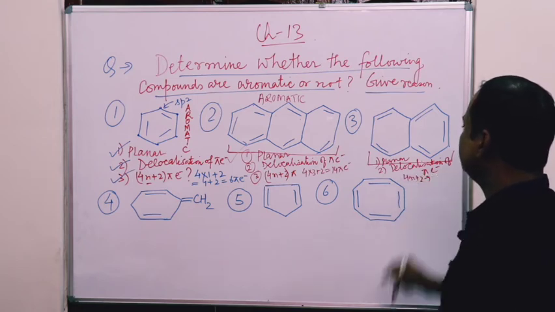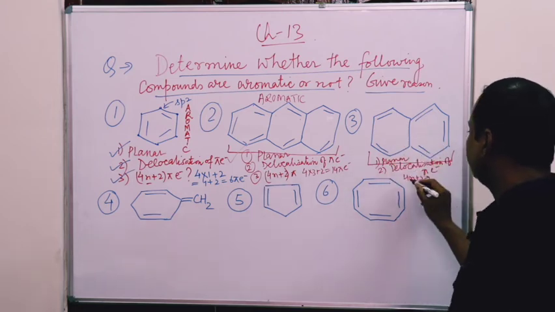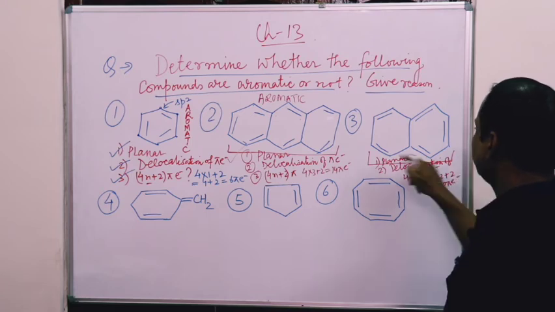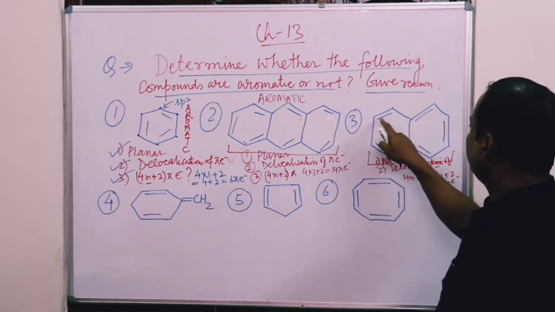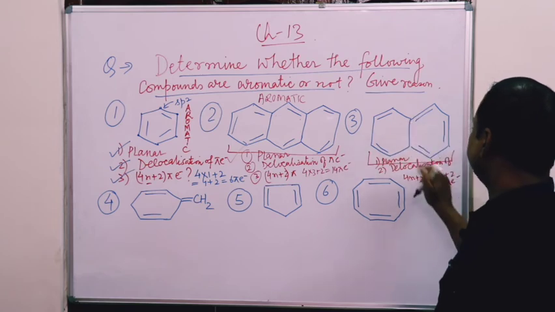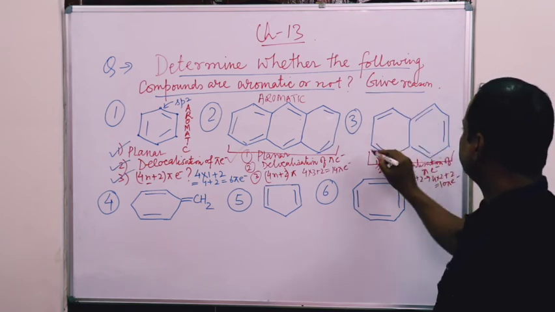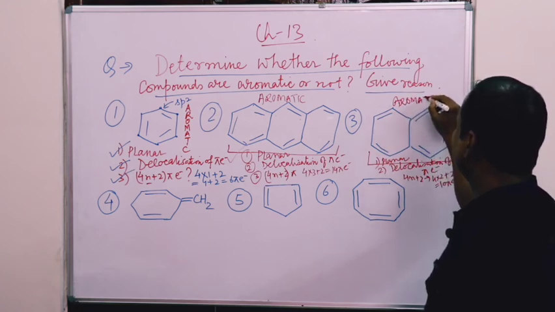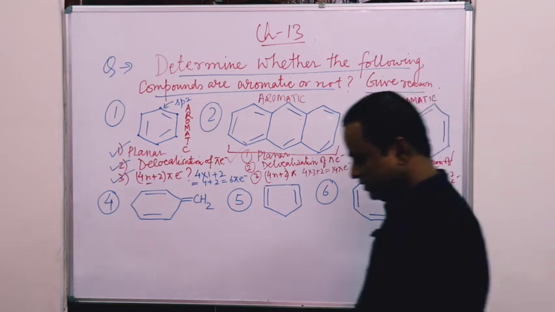See here, n is equal to number of rings, so 2 rings are there, so 4 into 2 plus 2, 4 twos are 8 plus 2, so there should be 10 pi electrons. Let's check: 2, 4, 6, 8, 10. So this is also aromatic because it is satisfying all the 3 conditions required for a compound to be aromatic.